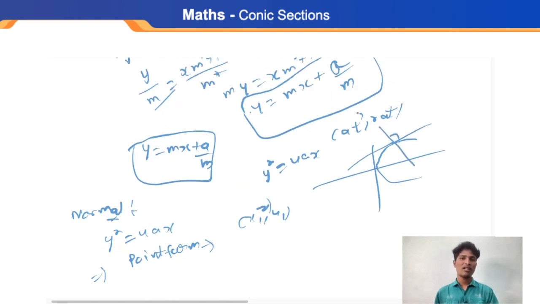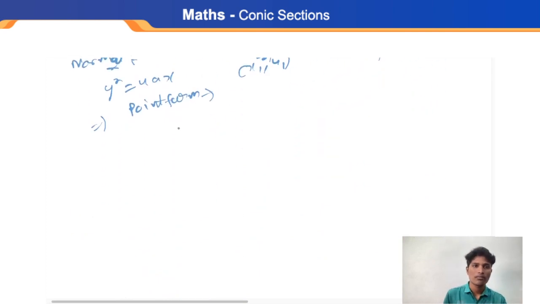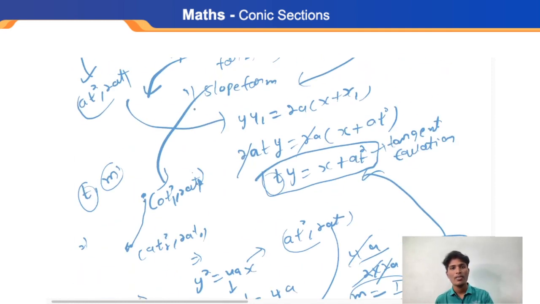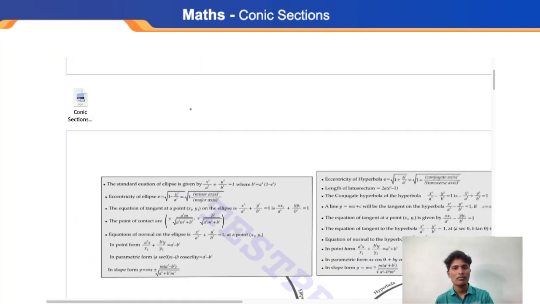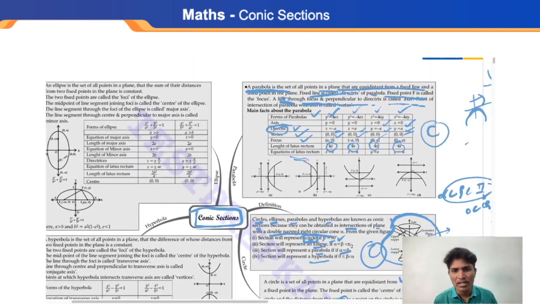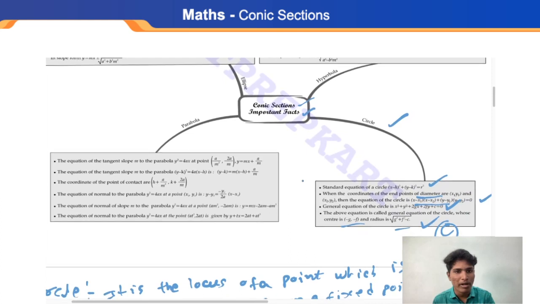Yes? For the point form, what I said, the transformed equation, that is y1 minus 2a into x plus x1 is equal to 0 is the tangent equation. Yes? So in this tangent equation, if you observe, this is a transformed equation. And now I want to write the equation of the normal, I think it is in the important facts.